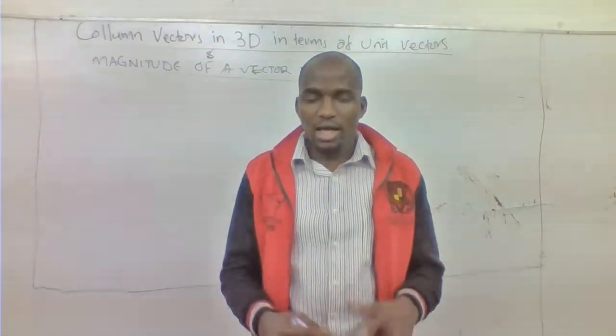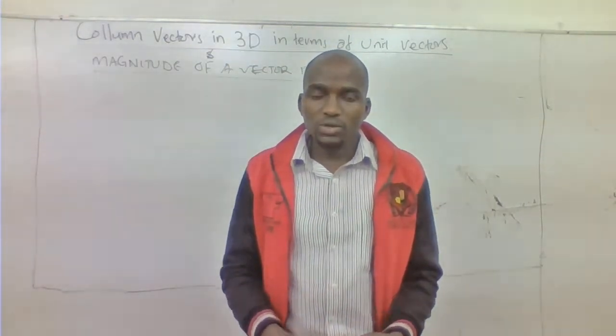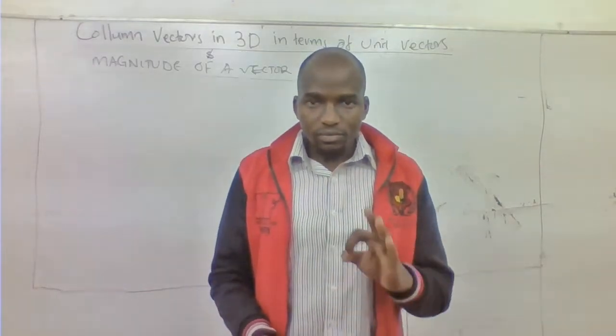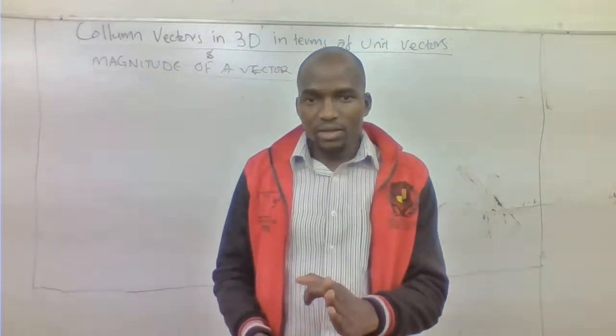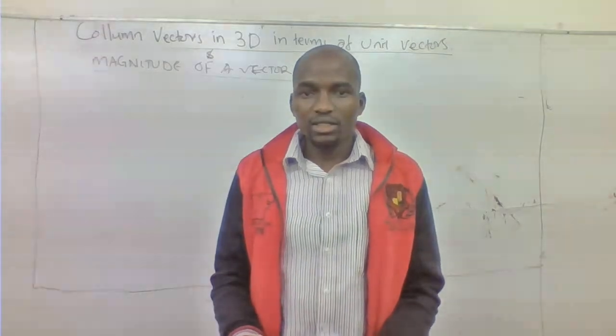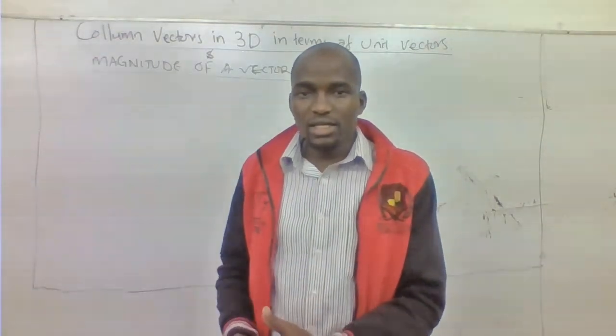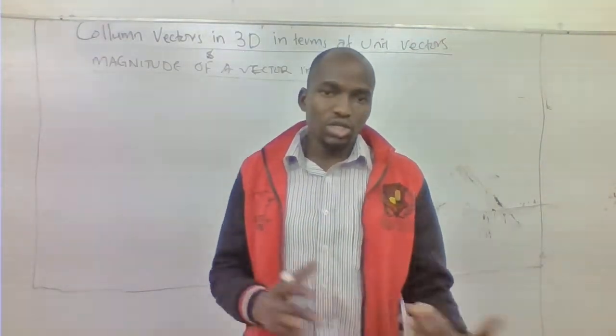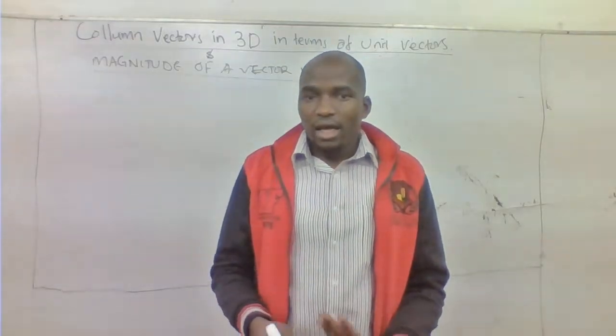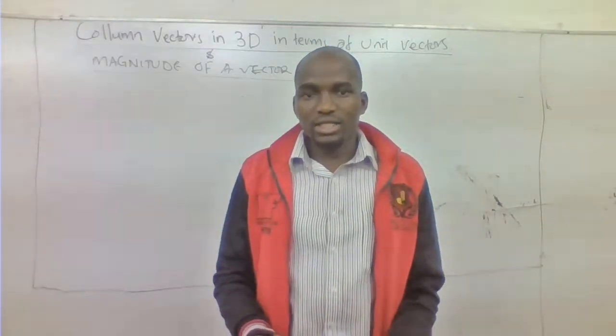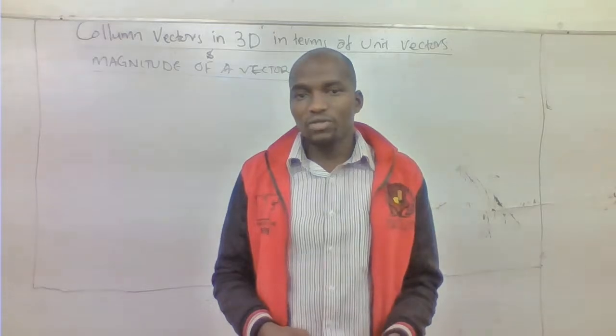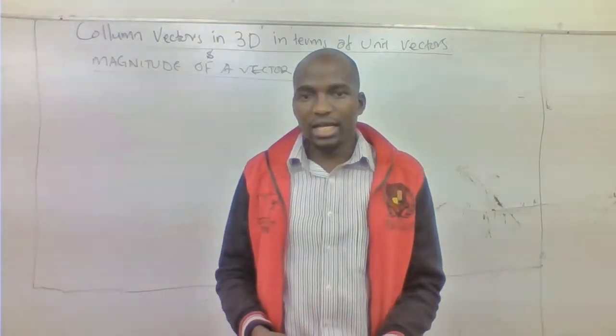I want to draw the 3 axes here on the board so that they can help us express other vectors that do not necessarily move 1 unit along each given axis. How do we write such vectors in terms of unit vectors I, J and K?